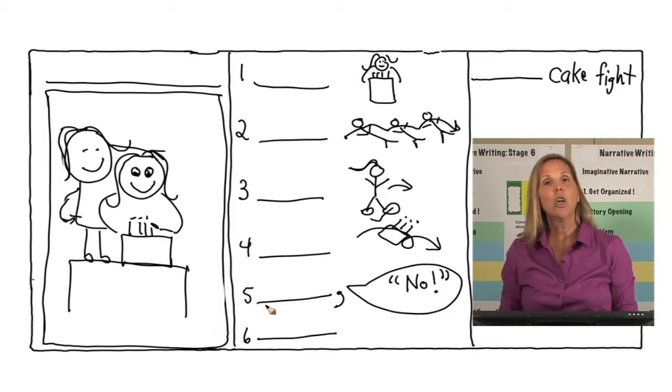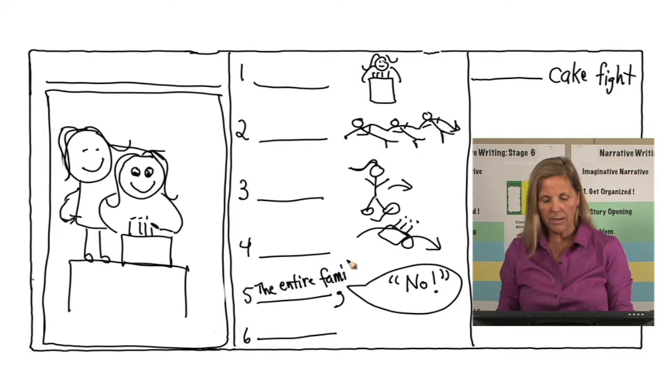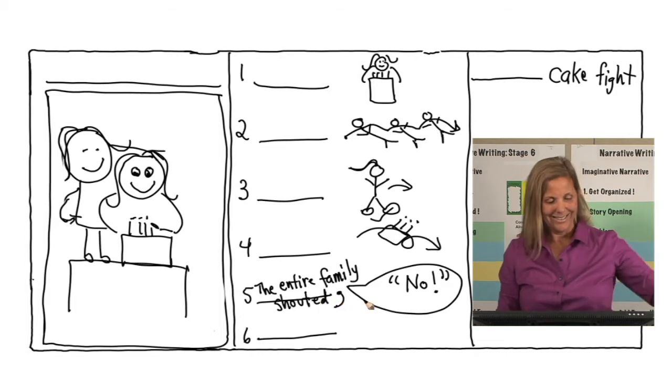Now we'll go over who shouted this. Everyone, the entire family. So let's write the entire family shouted. And notice I don't have a lot of room here, so I'm just going to squeeze it in, or right below the line. The entire family shouted, comma, no.